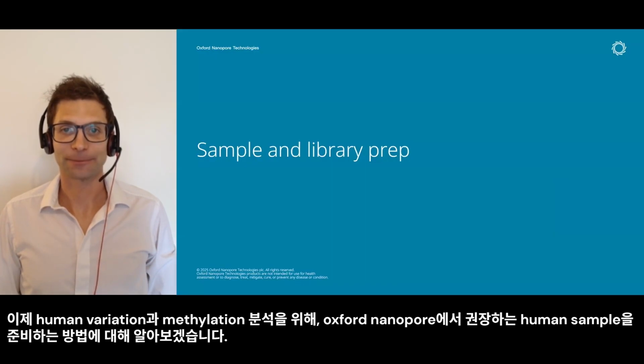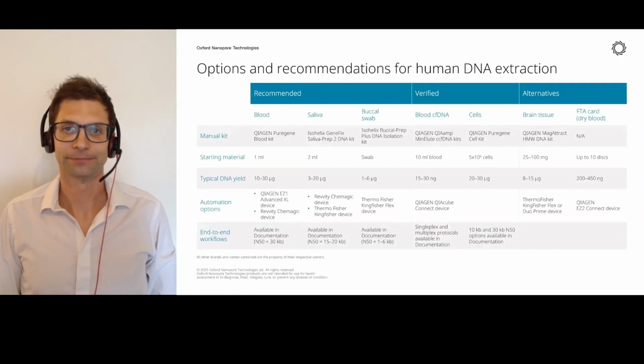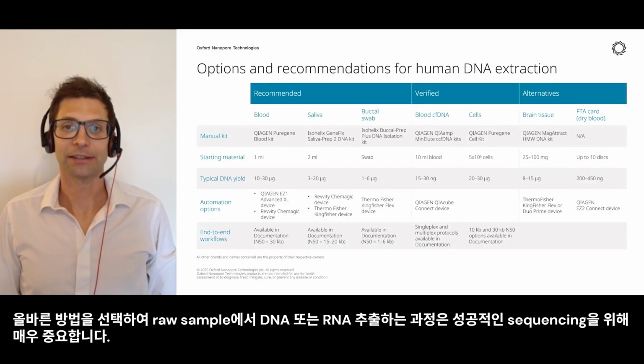Well, let's get started with how we recommend preparing research human samples to study variation and methylation. As presented in the masterclass about DNA and RNA extraction, choosing the right extraction method is essential for a successful sequencing experiment.